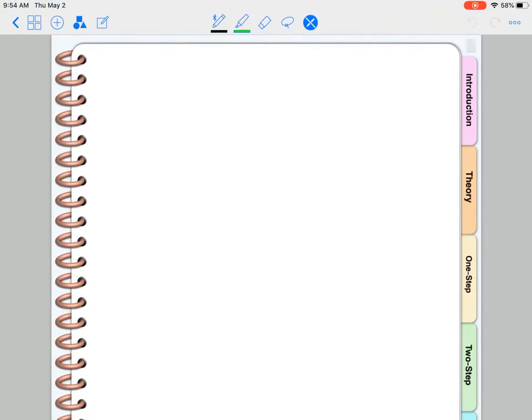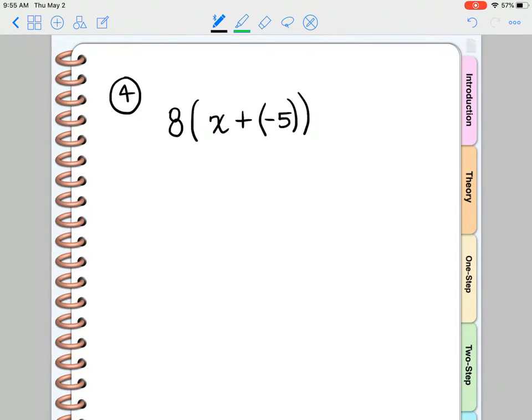Number 4 is 8(x plus -5) equals x plus 2.